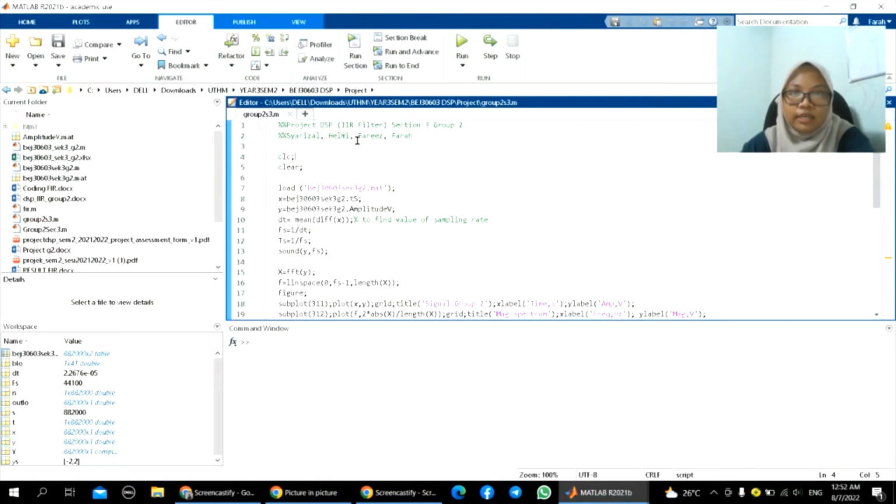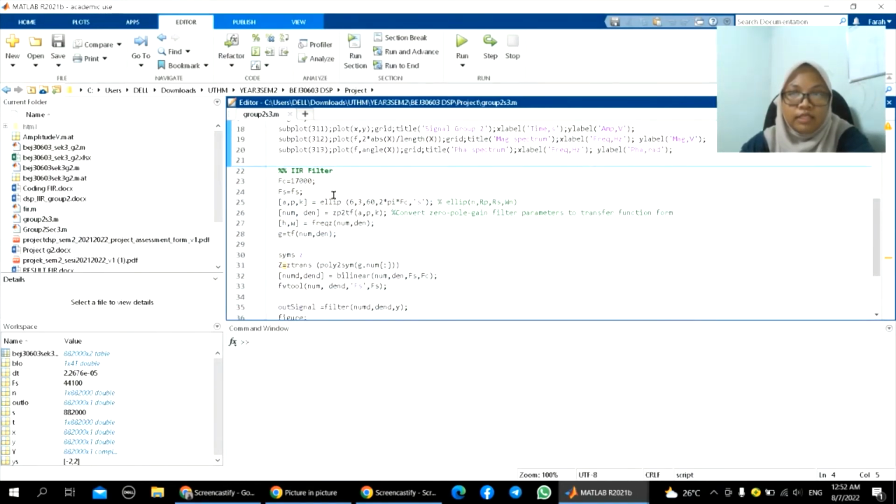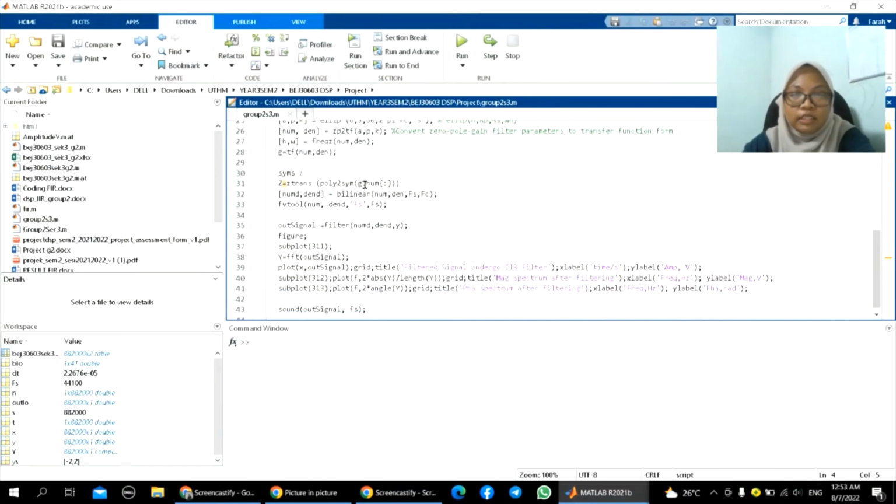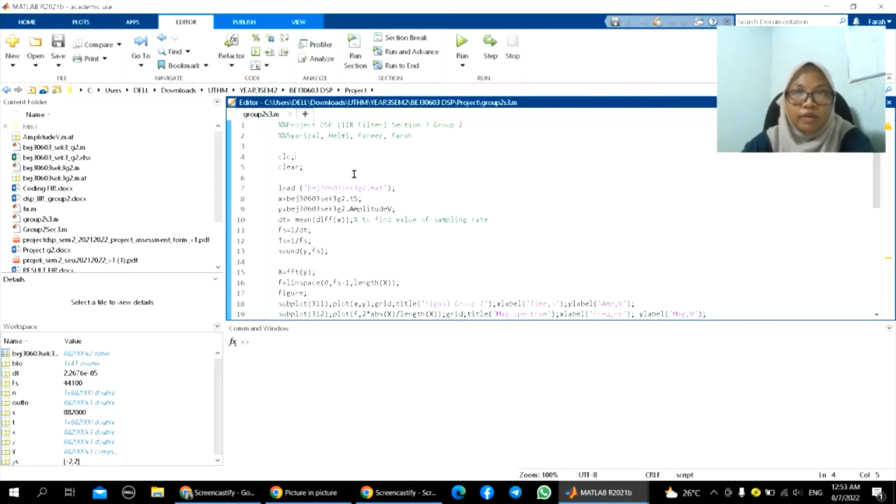Next is for the IIR filter. We use the same data as the FIR filter. Next is the code for the IIR filter. We use the elliptic filter to filter our signal. And I will run a section to hear the difference between before and after.